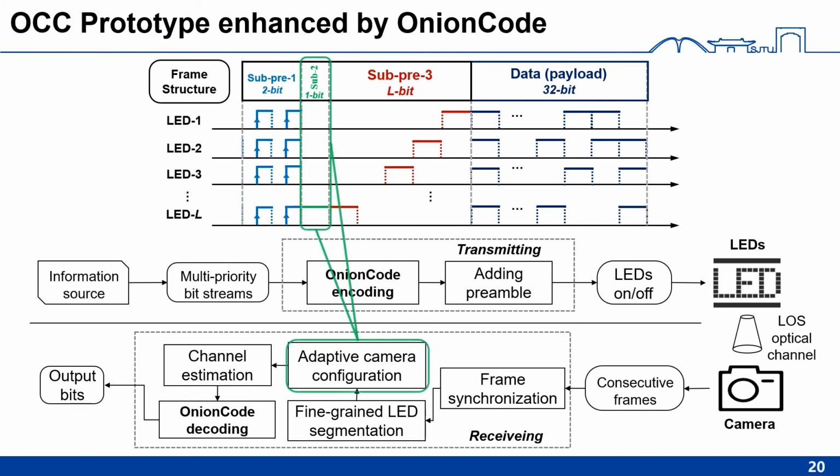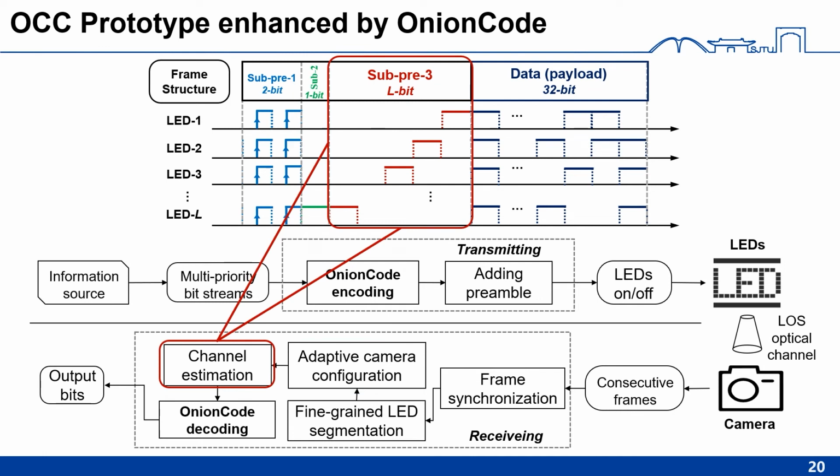Then, sub-preamble 2 helps the receiver to adjust the camera exposure parameters to maximize the SNR. Then, sub-preamble 3 lights up each LED in turn to complete the channel estimation at the receiver with as little overhead as possible. Finally, the decoding of each LED channel is performed according to the threshold, and the specific decoding table is used to decode.